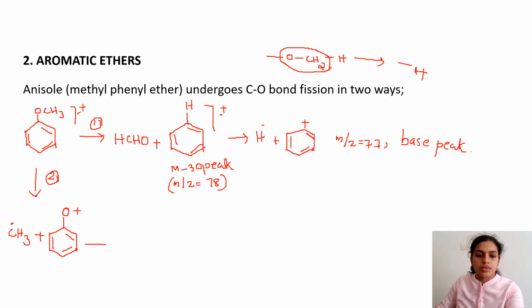And now see here, this bond is shifted to this carbon and this bond is shifted to this carbon. So what happens? The ring size has been reduced from 6 carbon atoms to 5 carbon atoms.